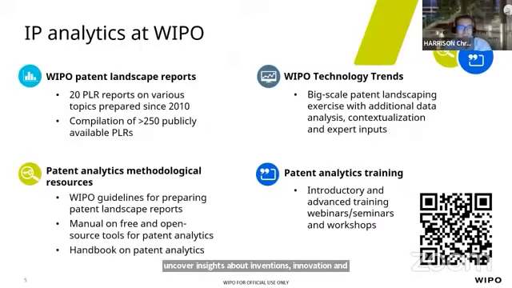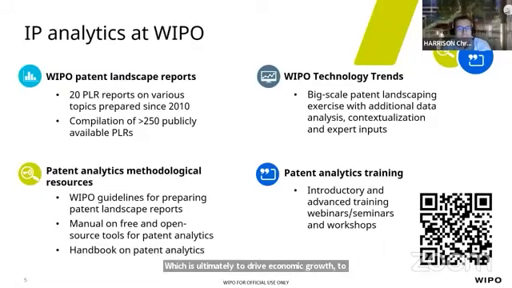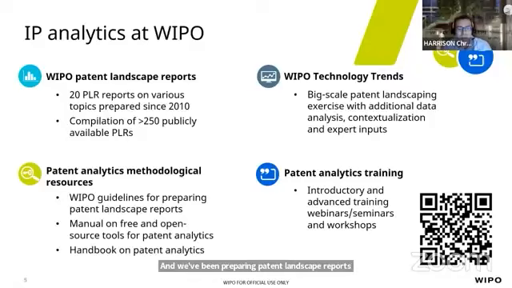And very quickly, the IP analytics section at WIPO is responsible for developing WIPO's leadership role in using this type of work to help our member states develop their IP and innovation ecosystems, which is ultimately to drive economic growth and to support researchers, innovators, and entrepreneurs. We've been preparing patent landscape reports and other IP analytics publications since about 2010, covering many different technology areas.